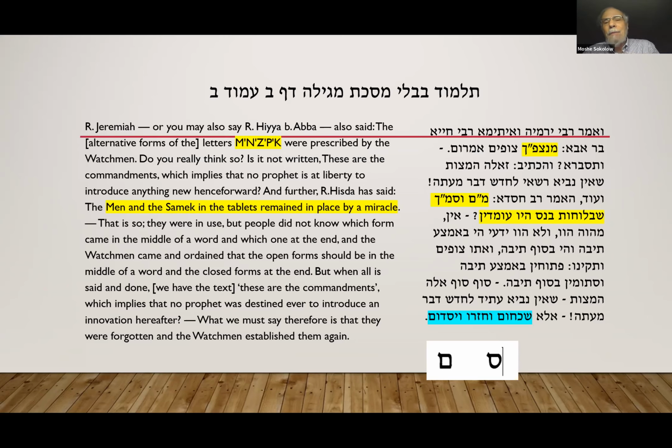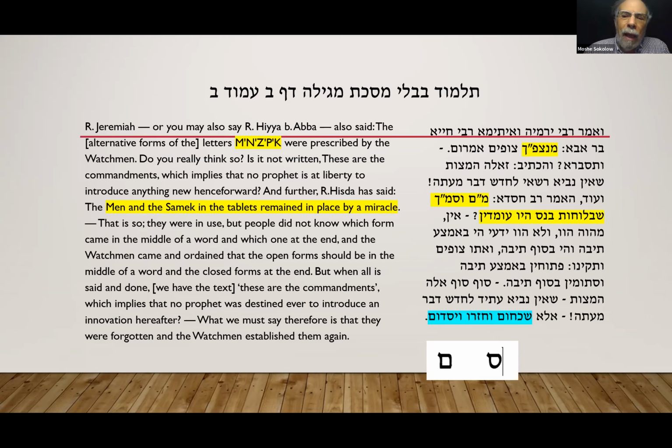Rav Chisda said as follows: Mem v'samach shebaluchot b'neis hayu omedim. Okay. There's a biblical verse describing the 2 stone tablets on which God engraved the 10 commandments and gave them to Moses. The pasuk says, "V'haluchot ketuvim mishnei evreihem," that the tablets were inscribed on both sides.